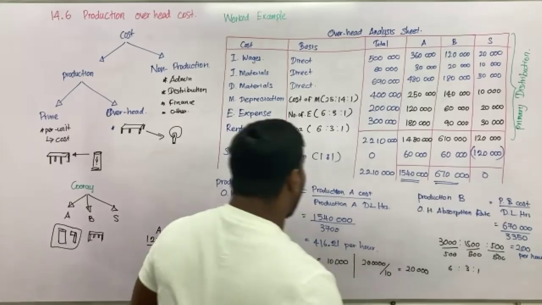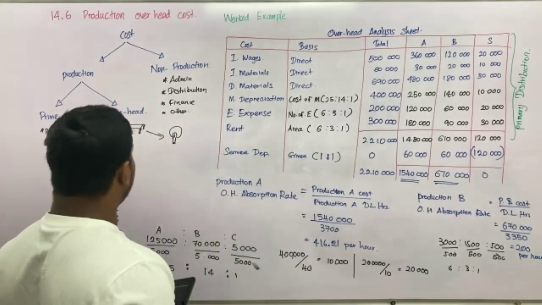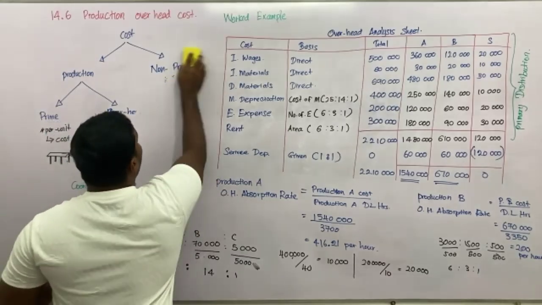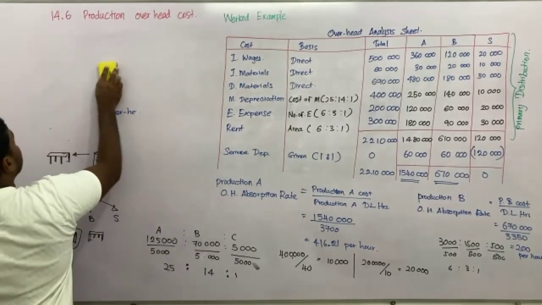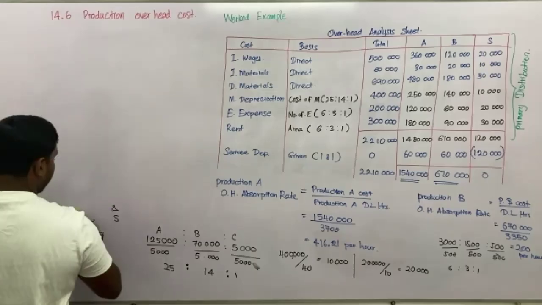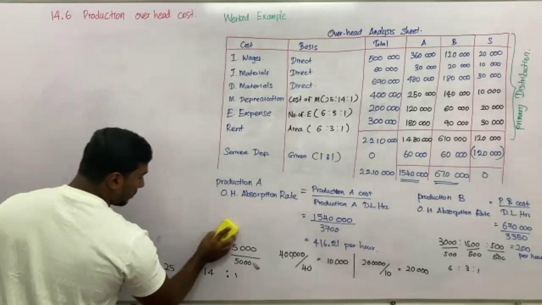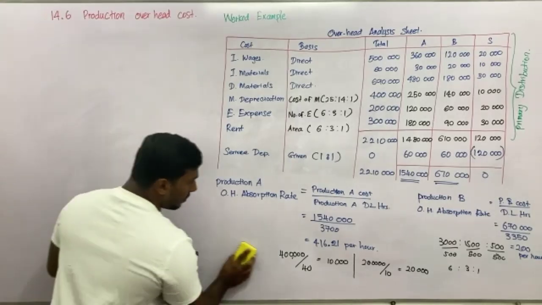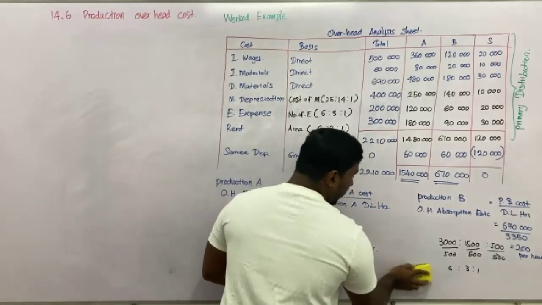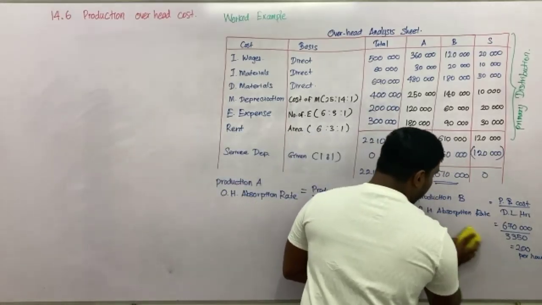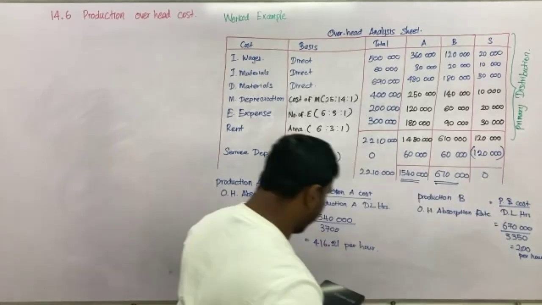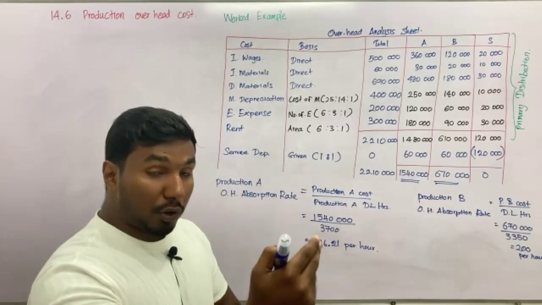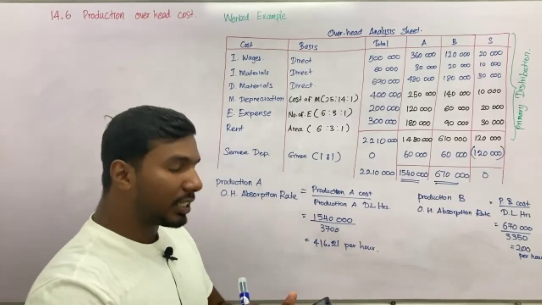Okay. After calculating the overhead absorption rate, what we have to do is calculate the total production cost per unit.